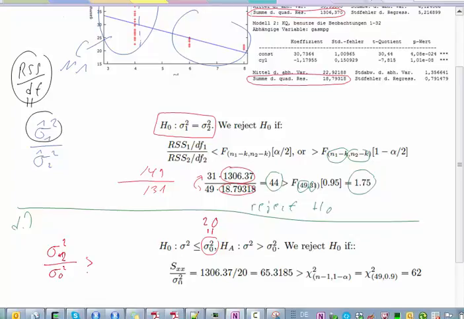I need to look up that number, which is given here. So the variance in model 1 is no larger than 20. So the fixed number I was referring to here is equal to 20.